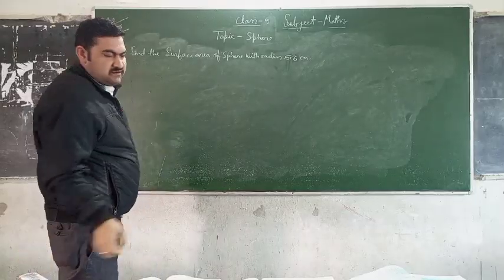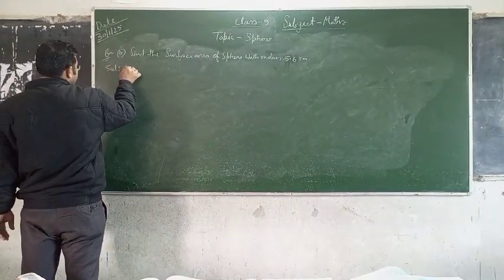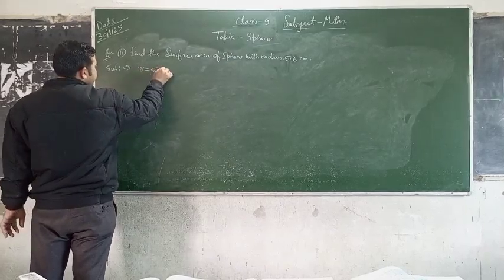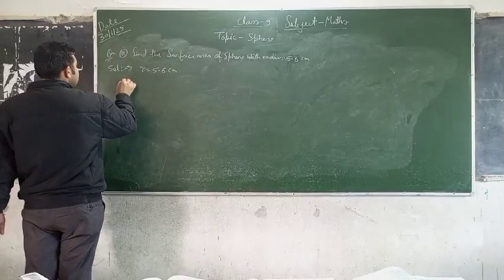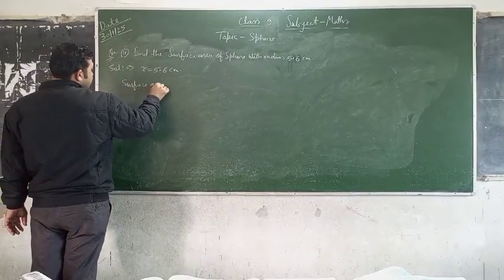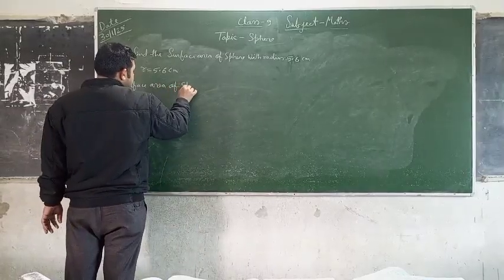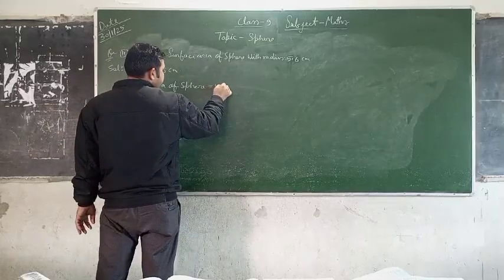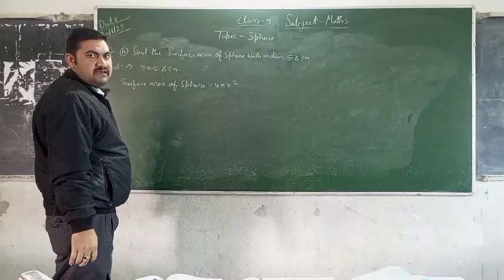Solution. Radius is 5.6 centimeter and surface area of a sphere is 4 pi r square.